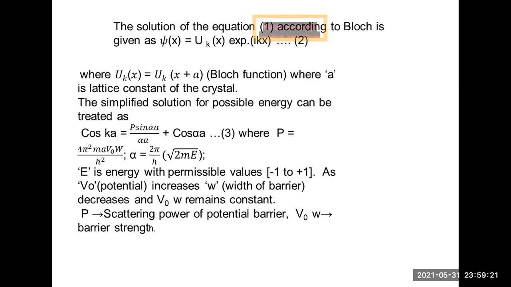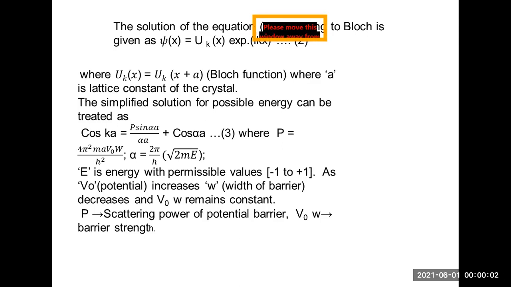When we solve this particular solution, the possible energy equation we get is cos k a is equal to P sin alpha a by alpha a plus cos alpha a. This is the solution after different calculations using some mathematics. Trivial aspects of the mathematics have been neglected here. So remember that after doing some mathematical calculation, we obtained cos k a is equal to P sin alpha a by alpha a plus cos alpha a.